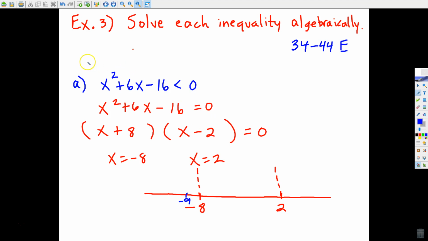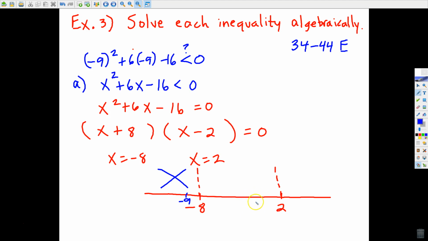Try it out. So negative 9 squared plus 6 times negative 9 minus 16, is that less than 0? No? So what we've proven is nothing to the left of negative 8 works. I'm just going to draw an X there. My solution cannot come from the set of numbers that are less than negative 8.